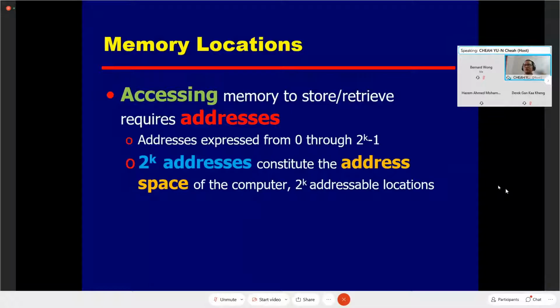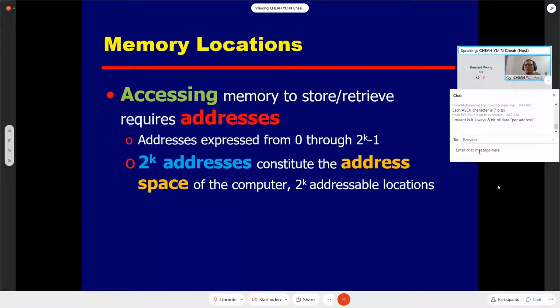So we are talking about how to address the locations, not the width of the word. The width of the word is different from the number of locations. Don't confuse the two. I don't know where the K comes from. The engineers will decide how many locations there are. If I say that I have 128 locations, then K is 7. If I have 1 kilo locations, then K will be 10. It's the designer's decision.